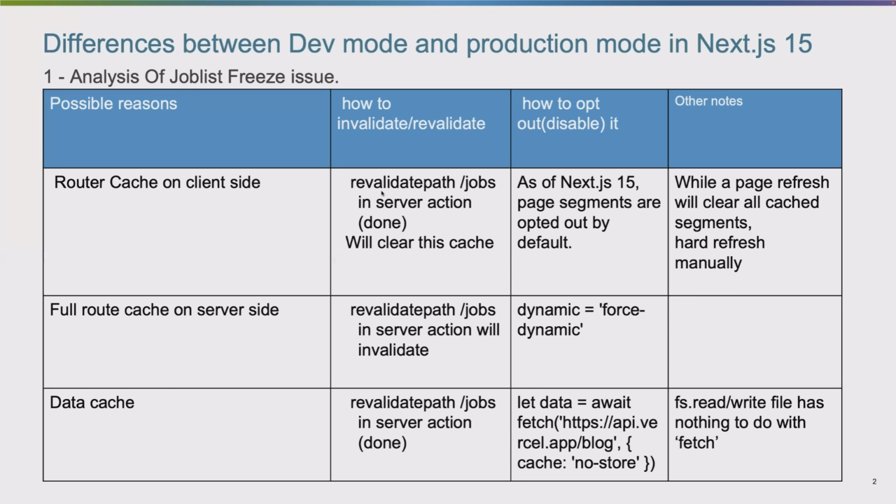Actually, I already use revalidatePath on the /jobs page, and I also tried a hard refresh by using Shift Command R on my macOS to forcibly refresh the whole page.